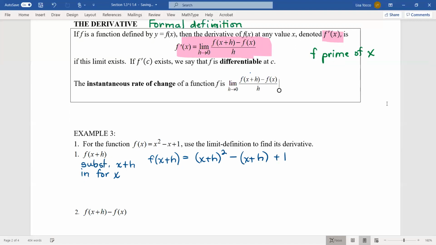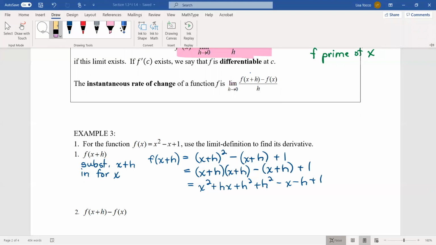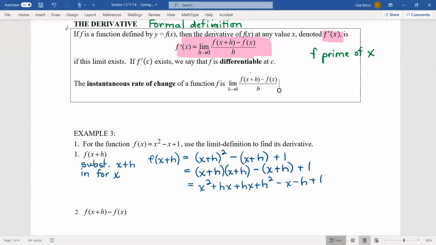All right, then we expand that, remove the parentheses. x plus h squared is x plus h times itself. So multiplying that by FOIL gives me x squared plus hx plus another hx plus h squared.